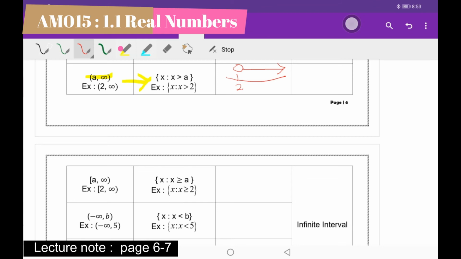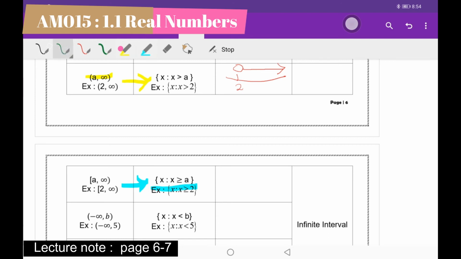Okay, let us try the next example. Now, 2 to infinity, however, 2 is using a square bracket. Okay, this is how you write it down in set notation form. When you have a square bracket, you need to use an inequality with an equal sign.